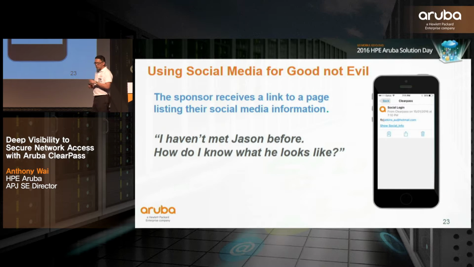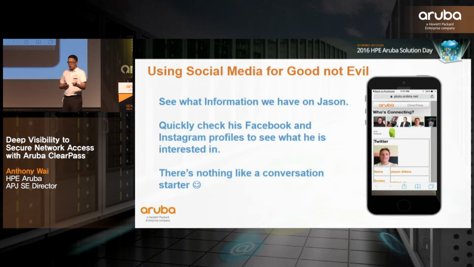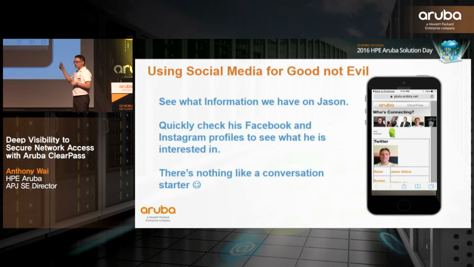Here you see the application makes a notification on the mobile device with a link where he can go into Facebook, or an Instagram account, to pull out information on this particular person. You see the profile pictures, you see what groups he's interested in, and you use this to start your conversation.